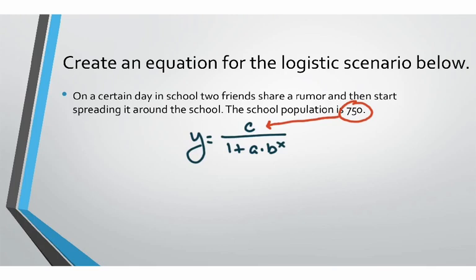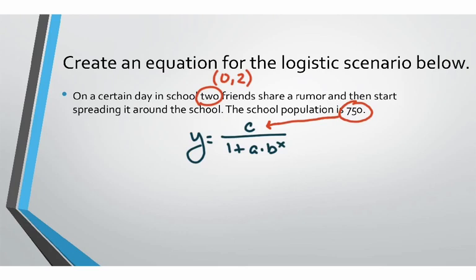The other thing they tell us is that on this certain day, 2 friends are talking about it. So at time 0, 2 people know the rumor. That's my y-intercept. Now that means if I plug in a 0 for x, I have to get 2 as my answer. There are many different things I could do to make this happen, but we have to get 2 as our answer.